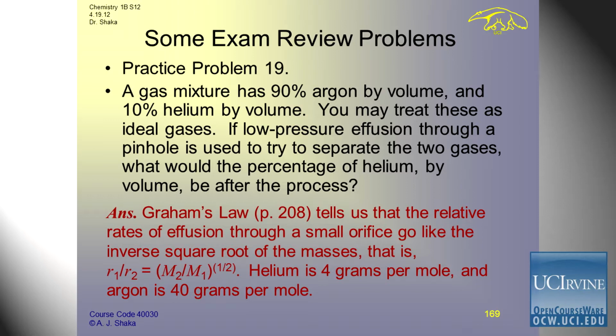Now, whatever the amount is, it's going to be less than 10%. So if I keep letting that go, the difference in rate, which was 3.162, is going to start decreasing. Because as I get closer and closer to there being almost no helium, there's going to be more argon going through than helium. So, your question asks what volume in the original container after the process.